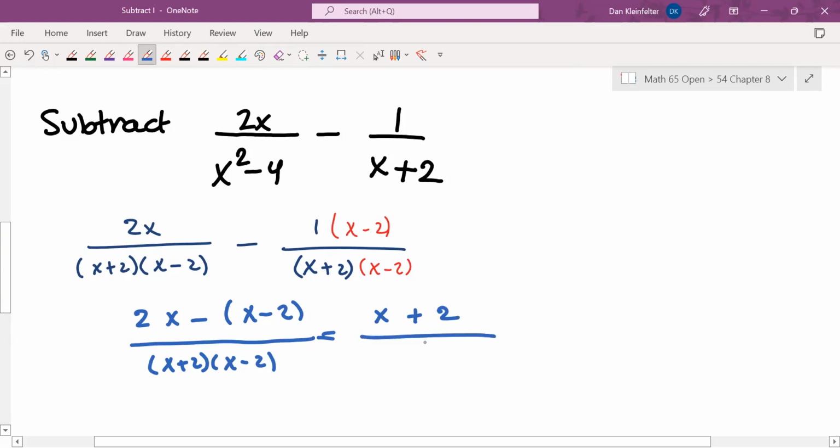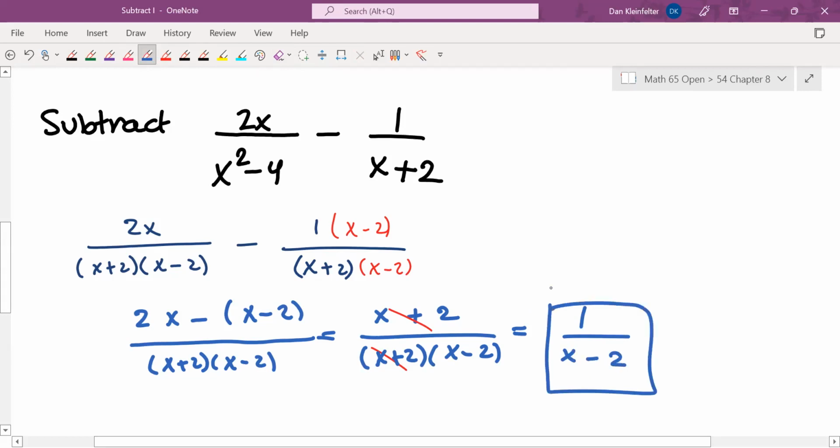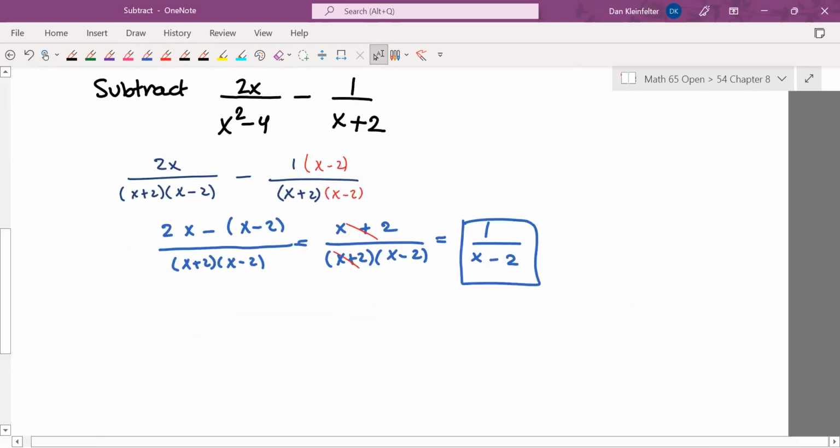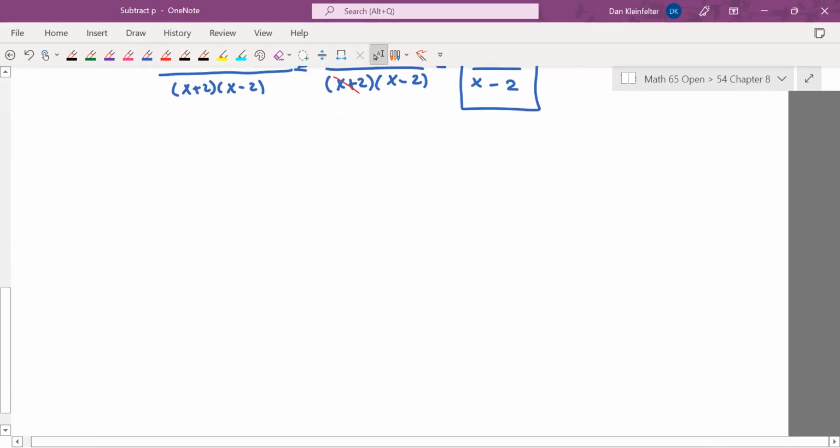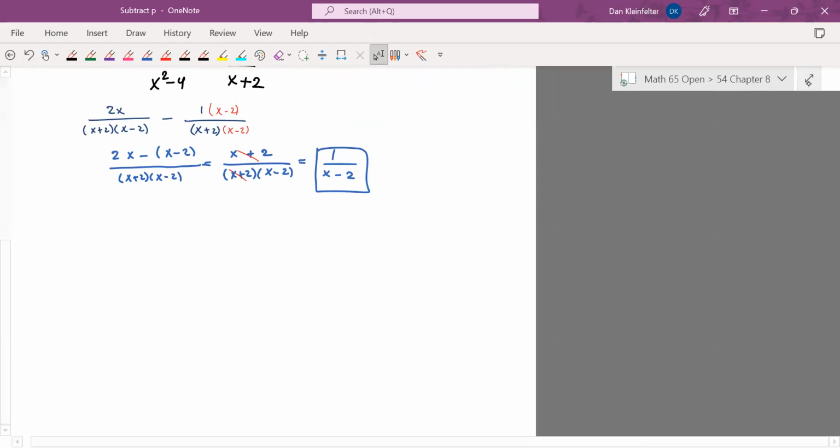A minute ago, I was going to multiply out the denominator, and I'm glad now that I didn't, because as you can see, we're going to be able to divide out that factor of x plus 2. And so in the end, we'll be left with 1 over x minus 2. So it looks like even if you are going to end up multiplying out the denominator, it's a good idea to wait until the end so that you can see if maybe something is going to cancel or not. Okay, so there's our subtraction example.